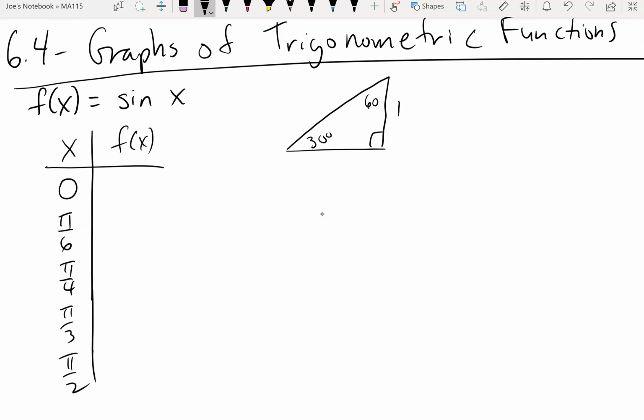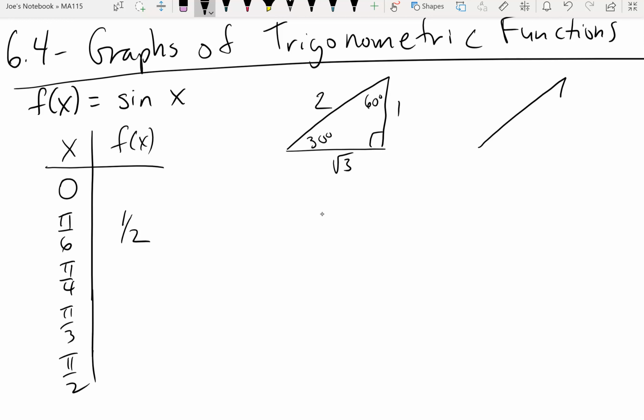Good. So remember your 30, 60, 90 triangle. The side opposite the 30-degree angle is 1. Side opposite the 60-degree angle is root 3. And then the hypotenuse is 2. Right? Okay, so when we do sine of 30 or sine of pi over 6, we get a half.